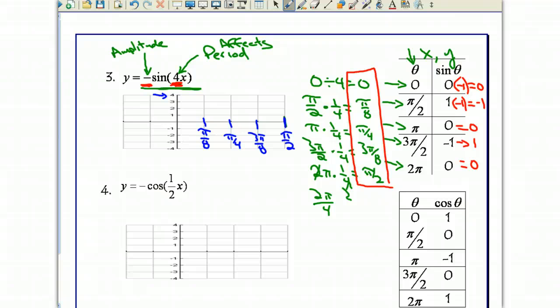So let's graph the points. Our first point is 0, 0. At pi over 8, we notice the y-coordinate is -1. That brings us right down there. At pi over 4, the y-coordinate is 0. At 3 pi over 8, the y-coordinate is 1. And at pi halves, the y-coordinate is back to 0. We'll connect these with a nice smooth curve.